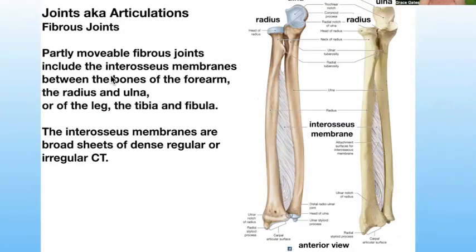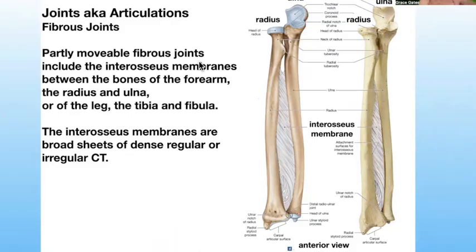Okay, so now partly movable fibrous joints. The example I would like you to remember is the interosseous membranes between the bones of the forearm, the radius and the ulna, or of the leg, the tibia and the fibula. The interosseous membranes are just broad sheets of dense, regular or irregular connective tissue.